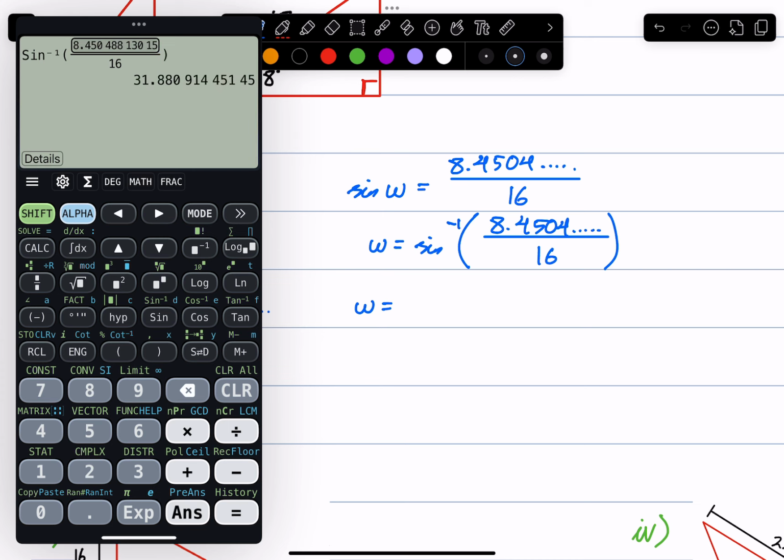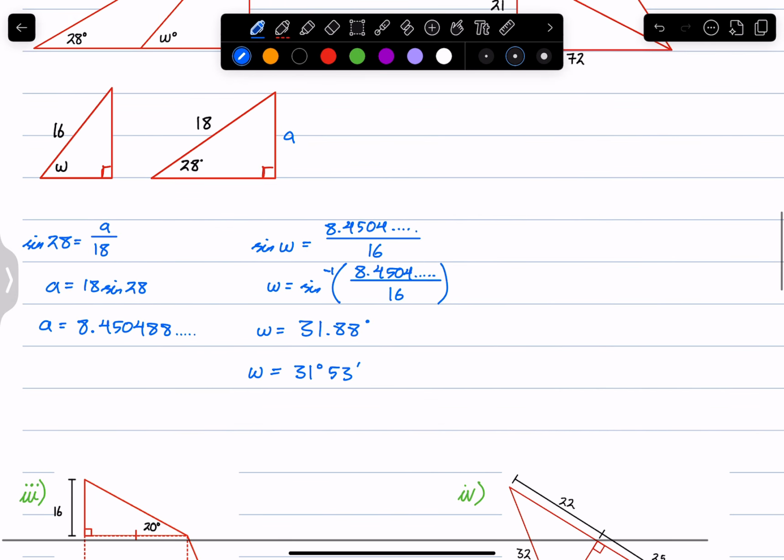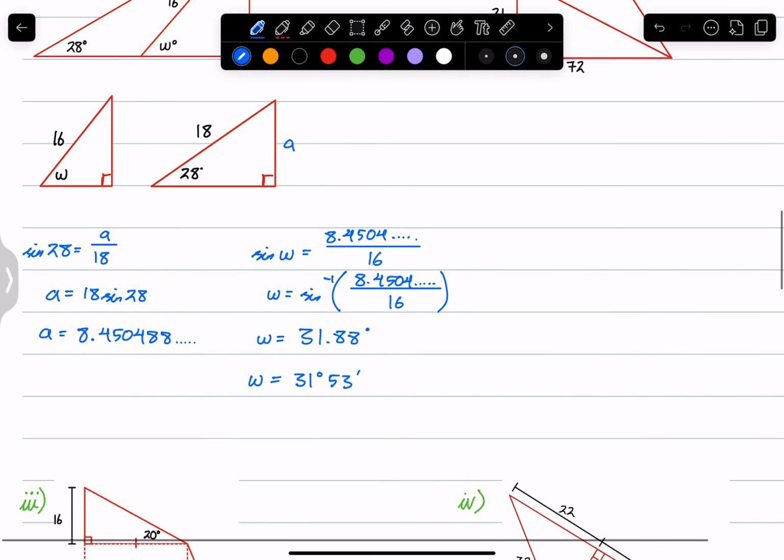And that gives us 31.88 degrees. But converting this into degrees, minutes, and seconds, we get W equals 31 degrees and 53 minutes. All right, rounding to the nearest minute. And that is how we would solve this problem.